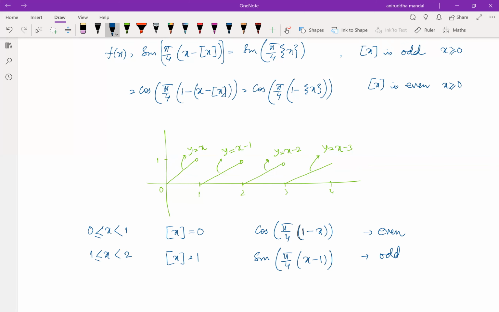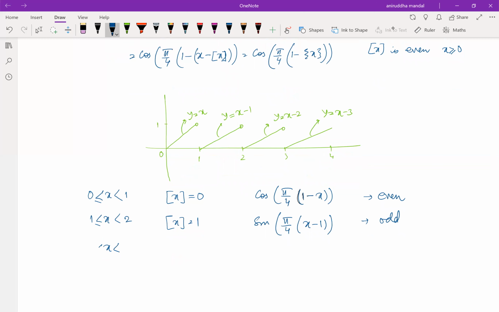Similarly, between 2 and 3, the box function is 2, so 2 means again even, so we use the cos function, and between 2 and 3 our fractional part is x minus 2. So 1 minus (x minus 2) means cos(pi/4 (3 minus x)).